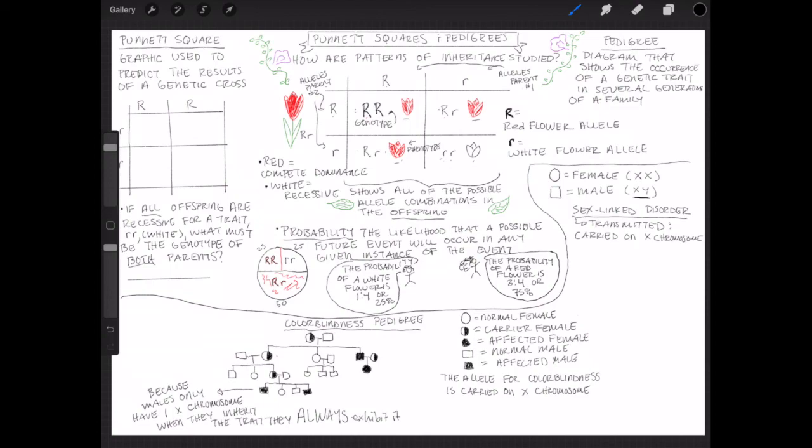So our main idea today is that both Punnett squares and pedigrees help you predict the traits that offspring will have based on the parents' traits.